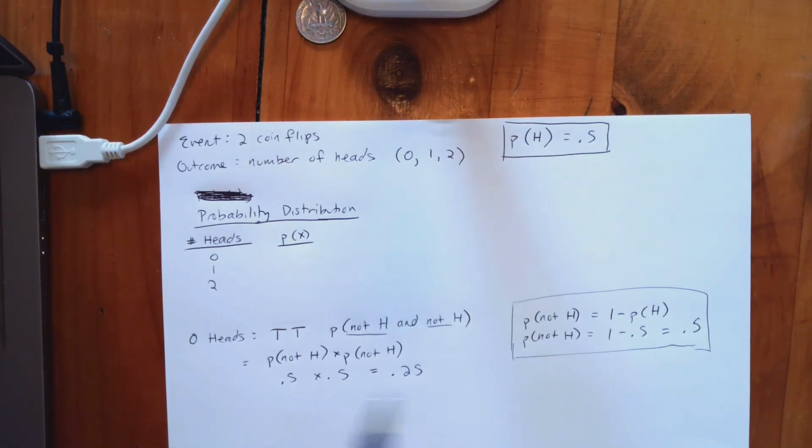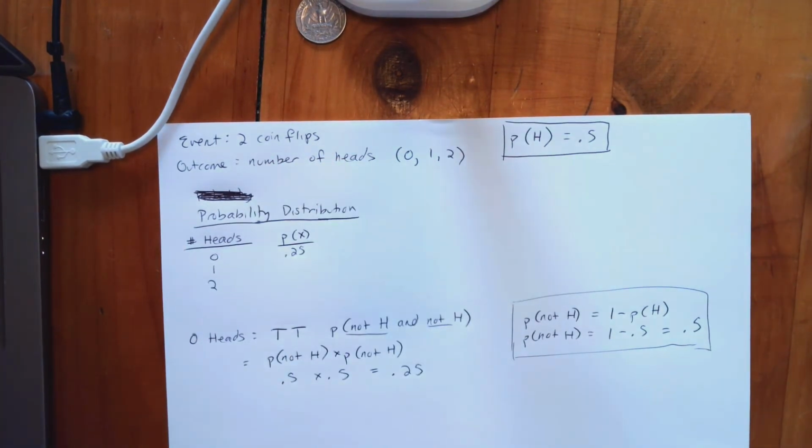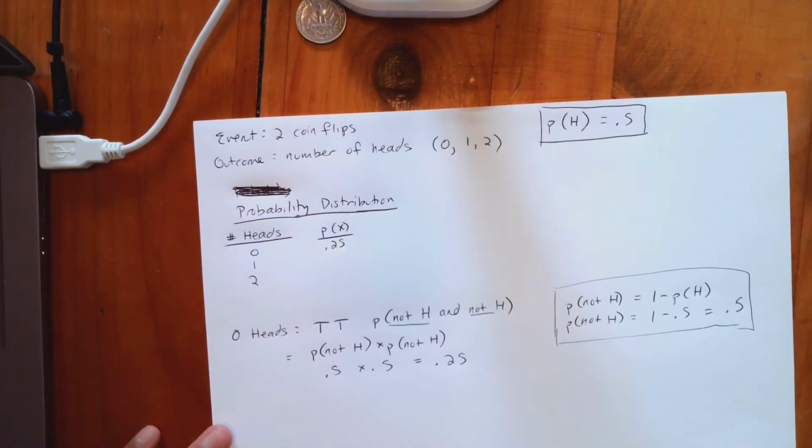And that's because that's our probability of getting not heads and then getting not heads again. And the reason that I'm talking through it this way is that, again, it's just helpful for practicing these rules to think about it in terms of it being not heads as opposed to calling it a different probability.